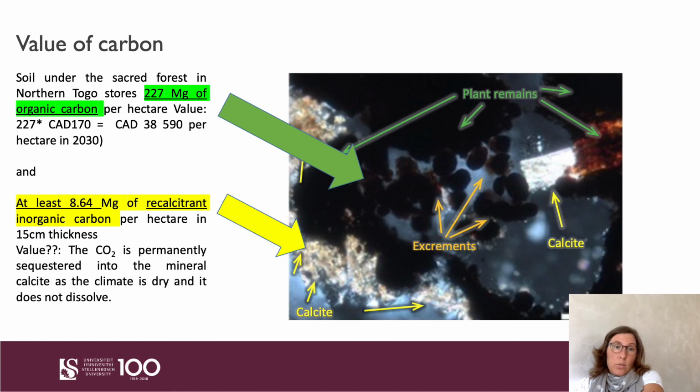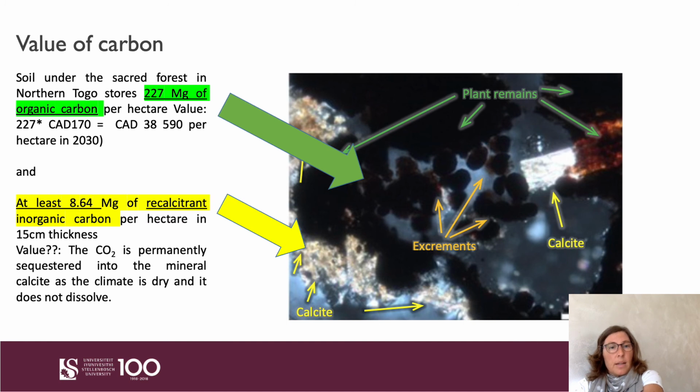If we go back to the value of carbon, we calculated for the soils in the sacred forests in northern Togo that they store over 200 tons of organic carbon per hectare in 15 centimeters thick soil. If you take the price of carbon in 2030 in Canadian dollars, we have almost 40,000 Canadian dollars per hectare land value, carbon value, buried in the soils.